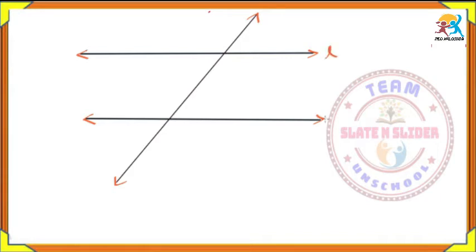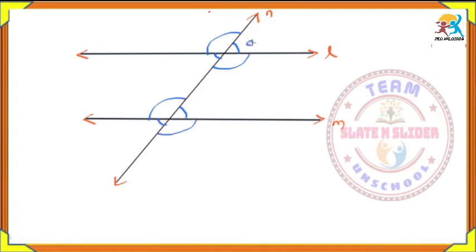This is line L, this is M, and this is N, and the angles 1, 2, 3, 4, 5, 6, 7, 8.